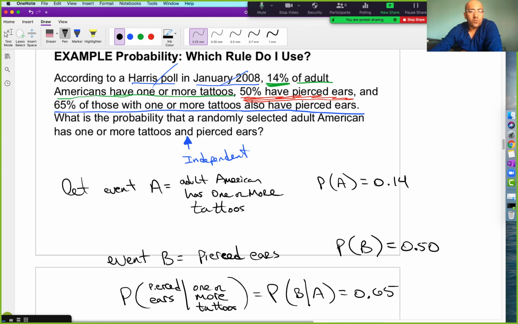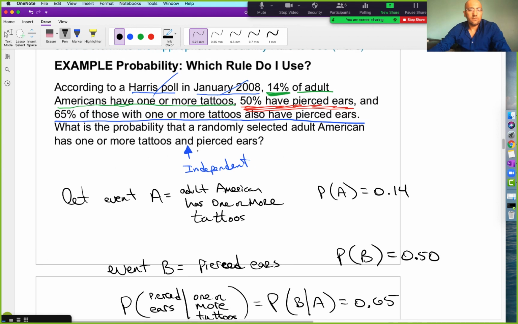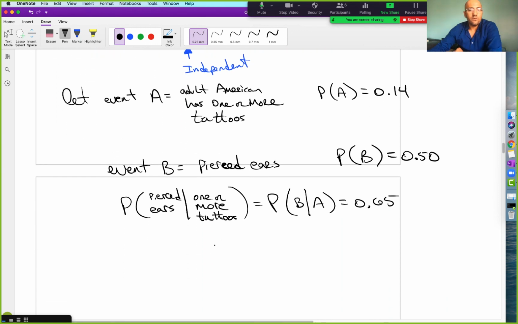So the question is, what is the probability that a randomly selected adult American has one or more tattoos and pierced ears? Okay, so they want to know the probability that we have one or more tattoos and pierced ears.